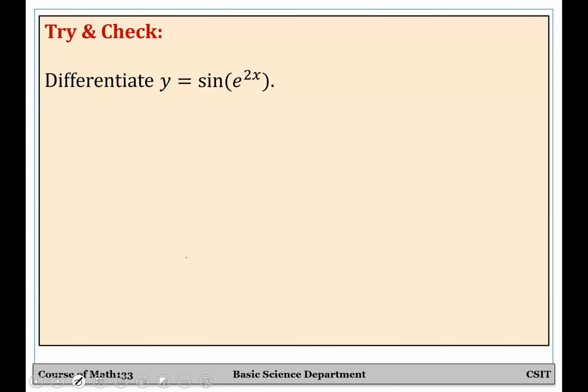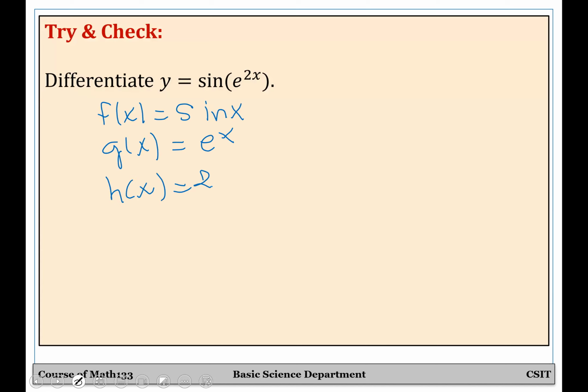Okay. Try and check again with the three functions. So f of x is equal to sine x, g of x is equal to e to the x, and h of x is equal to 2x.